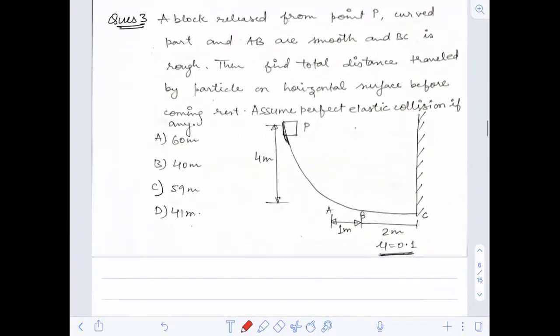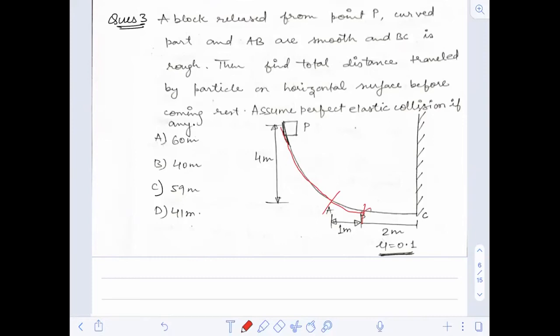Now in this question, it is saying a block released from point P. There is a curved part, and this complete part is curved from P to A. AB is a smooth part. And BC is rough.